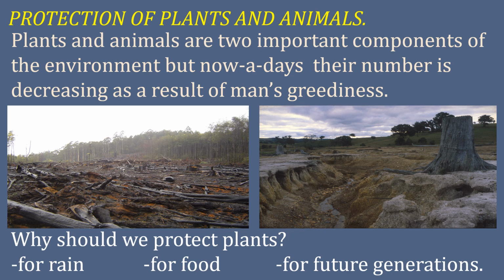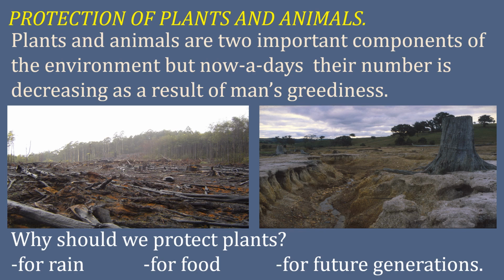So what will happen? If the good, fertile soil is gone, the other soil is not useful for the other plants. The plants will not grow there. Yes or no, children? Why should we protect plants?